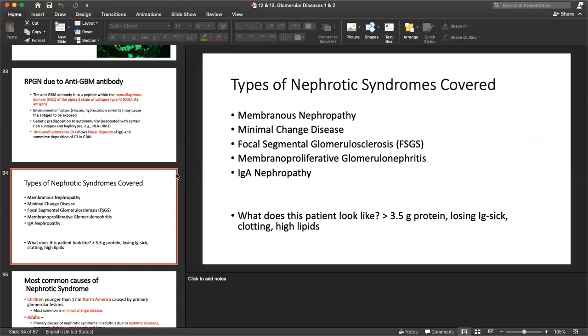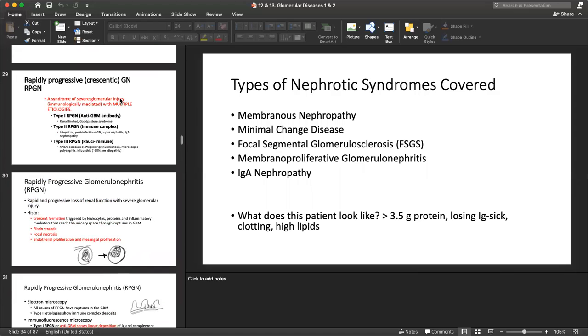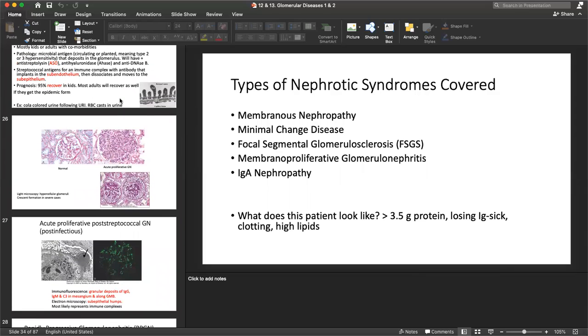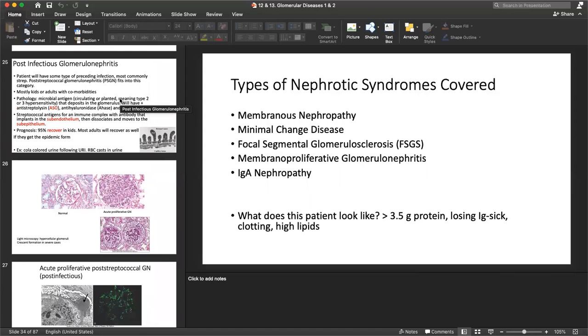Okay, so now we're to nephrotic. So we did our 2 nephritic. So that's going to be, remember, RPGN, and remember it's crescent shaped, and we've got either linear or granular on IF. Then our post-infectious glomerular nephritis, or post-streptococcal glomerular nephritis, same thing, just strep is the cause.